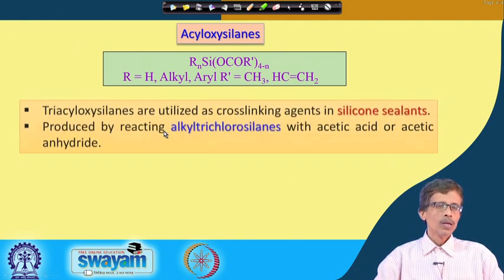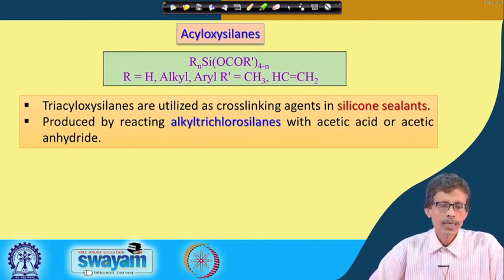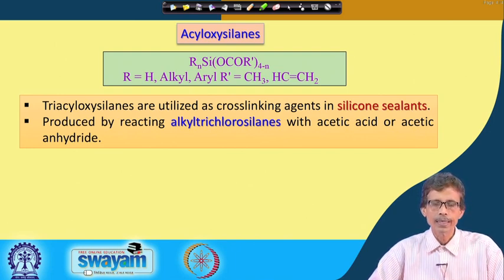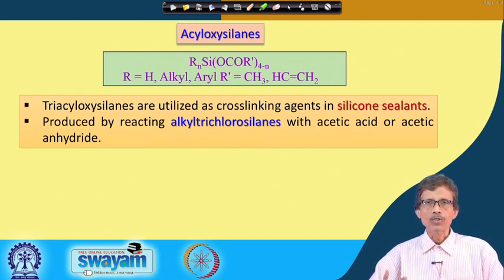purposes. So, we can have the corresponding acyloxy numbers are 3 in number, that means you can have 4 minus n, n value is equal to 1. So, R, that means the alkyl function which can be your H even, or alkyl or the aryl function attached to the silicon is in number of 1, and 3 acyloxy groups are attached to it.